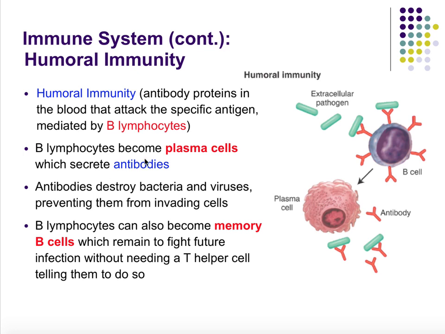Your B cells can also turn into memory cells, and memory cells do exactly what the name says. They stick around and help you remember the infection so that if you get infected again, you can initiate a much more robust response. The memory cells are able to fight future infections without needing the help of a helper T cell.